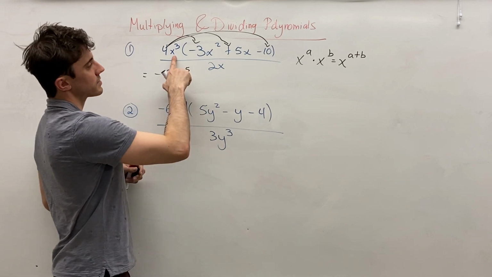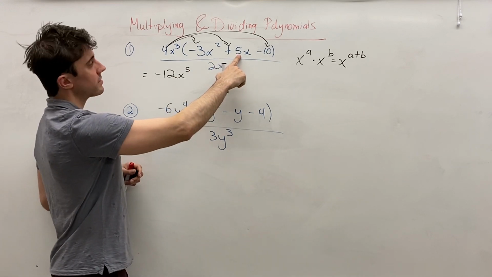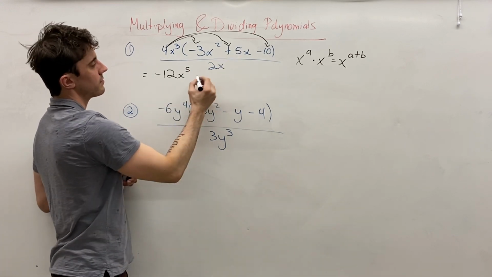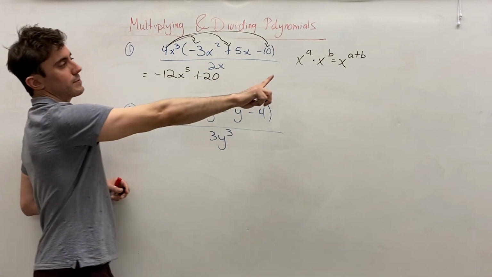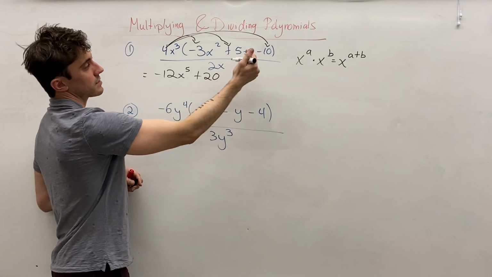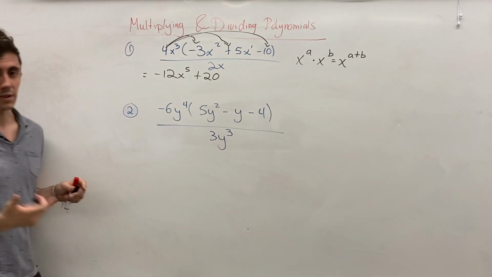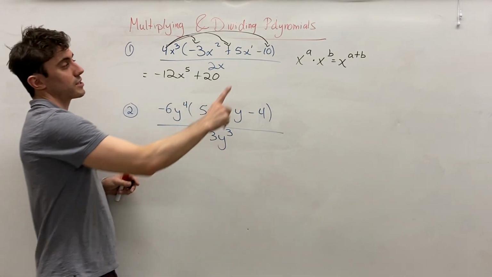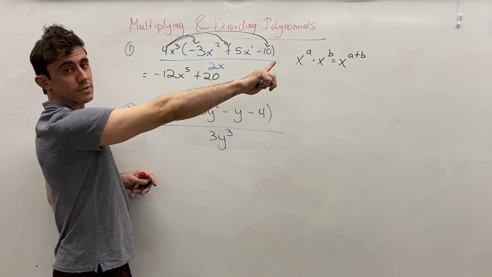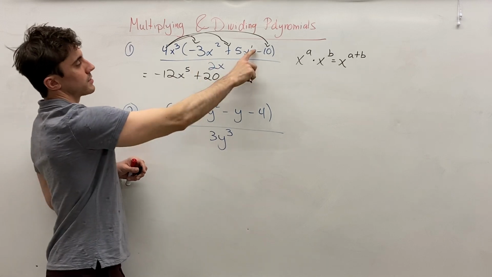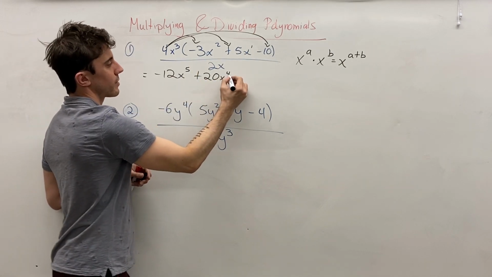Next up, we have 4x cubed times 5x. And so 4 times 5 gives a coefficient of 20. And then applying that same exponent law, x cubed times x. Remember, x with no exponent is implied that we have an x to the power of 1. And so if we add the two exponents, as the rule would tell us to, 3 plus 1 gives us an x to the power of 4.